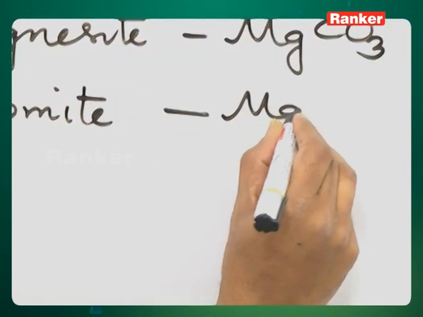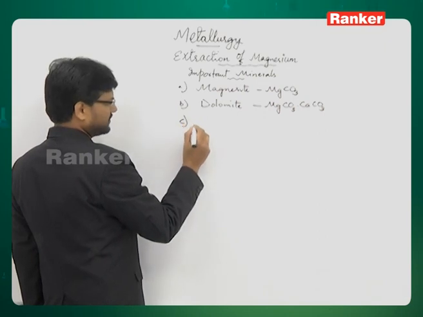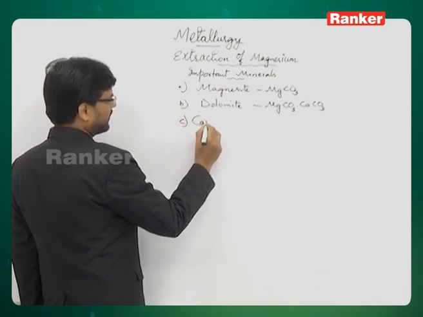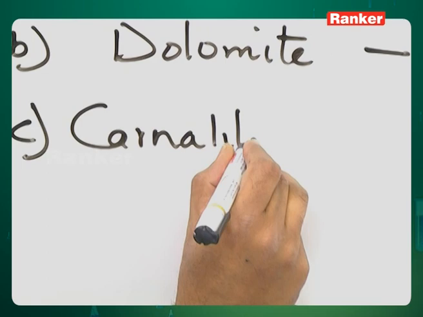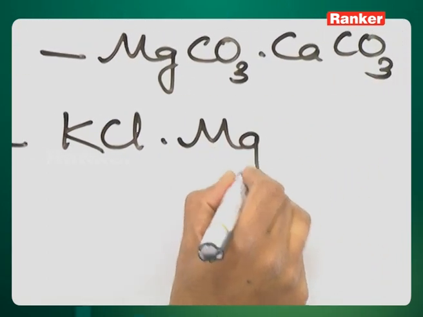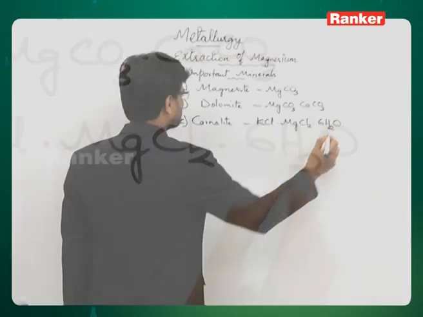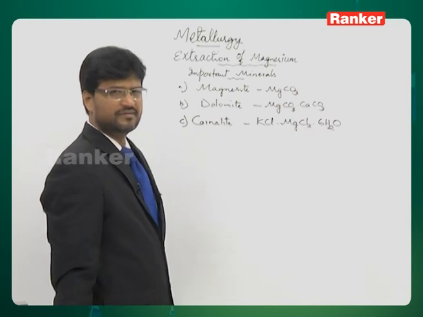And B, dolomite. Dolomite is MgCO3.CaCO3. C, carnallite. Carnallite is KCl.MgCl2.6H2O. It is a double salt, double chloride of potassium and magnesium.